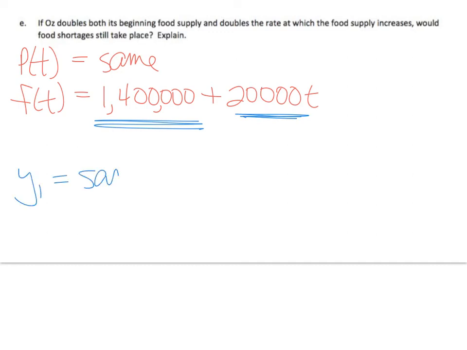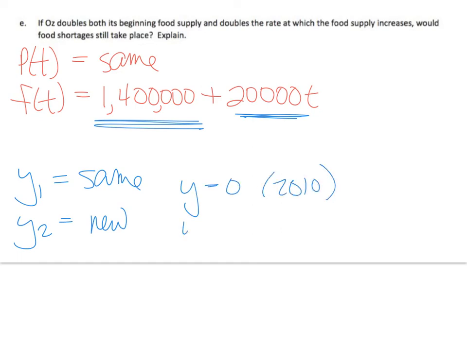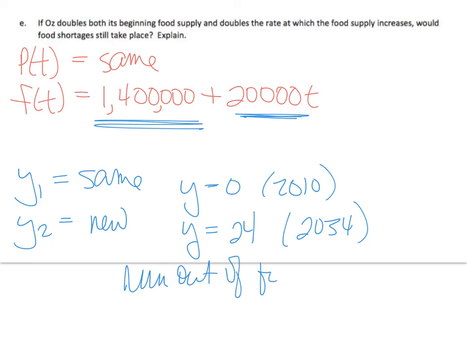Y1 I'm going to keep the same. I'm going to put in my new equation for Y2. And I'm going to see from year 0, which is 2010, all the way to year, look at my calculator, looks like 24, which is 2034. They run out of food. That's sort of scary, isn't it?